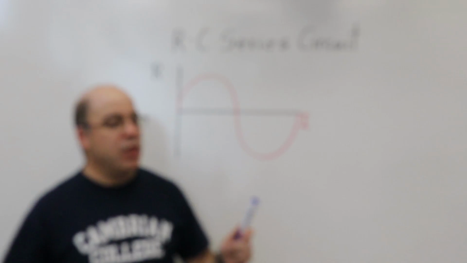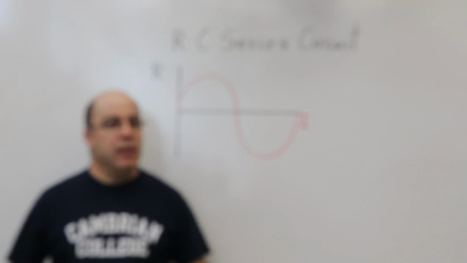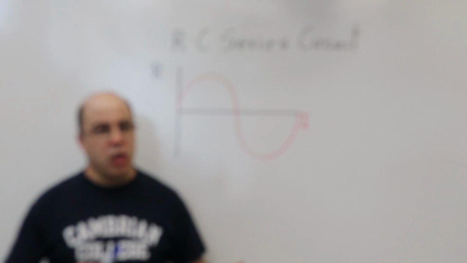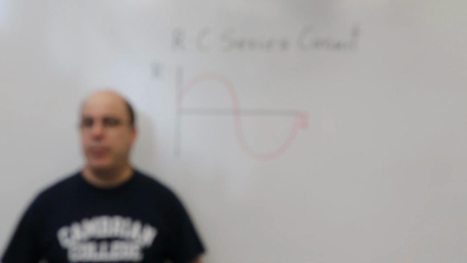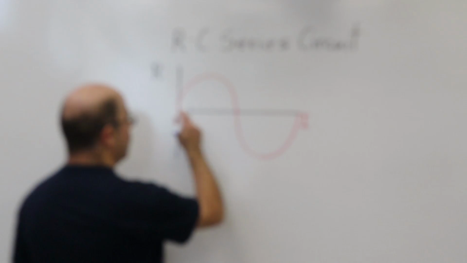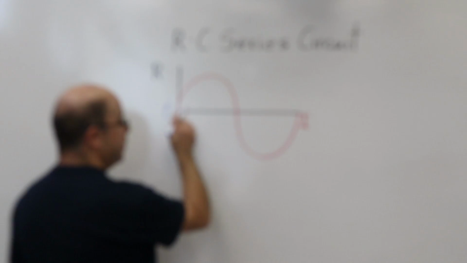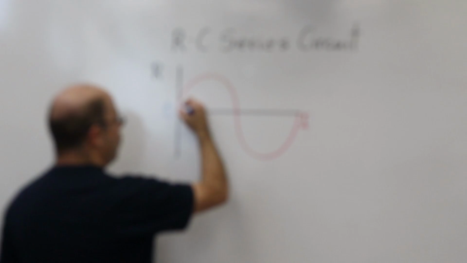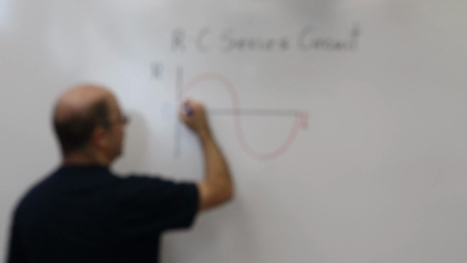Now, the voltage waveform, it is said that voltage and current are in phase with one another in a purely resistive circuit. So when we draw this out, and I'm going to use blue to represent the voltage waveform, when they start at the zero, at the time base, they both will start at the exact same location.